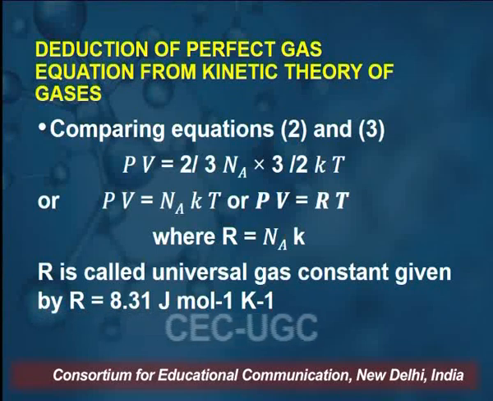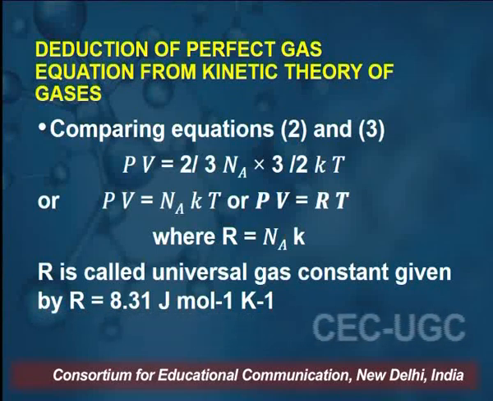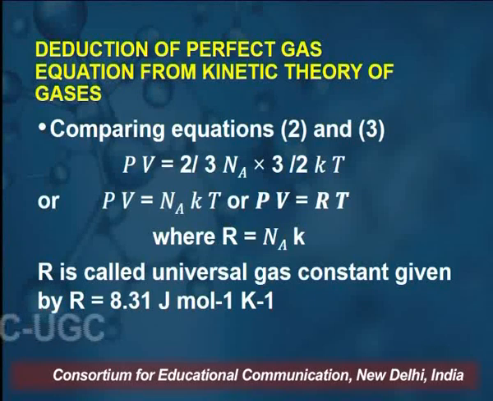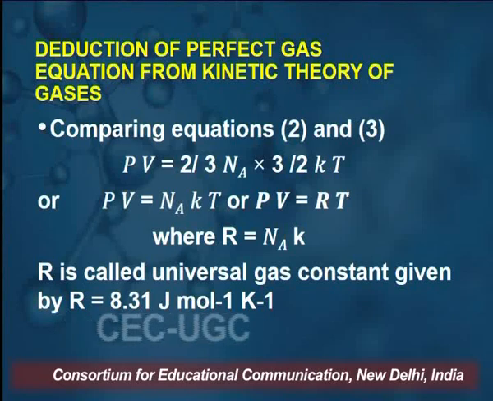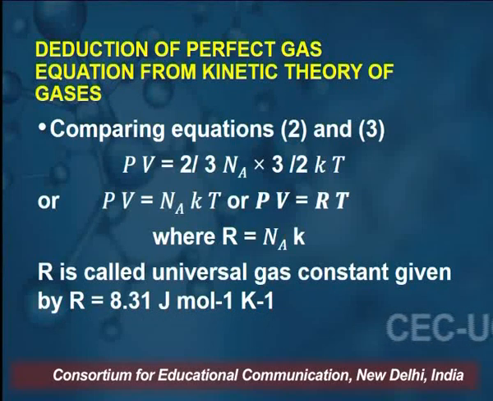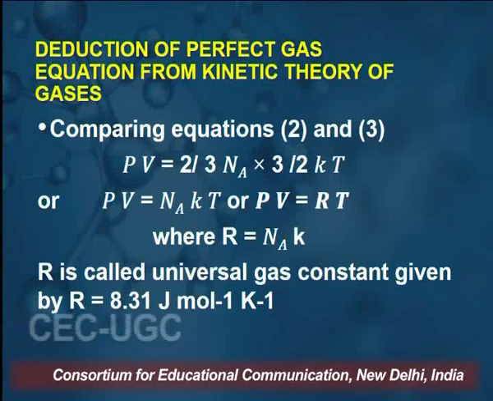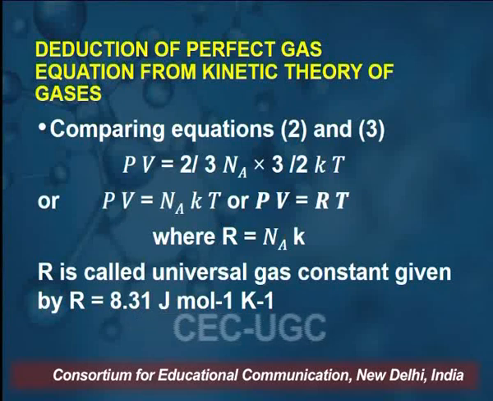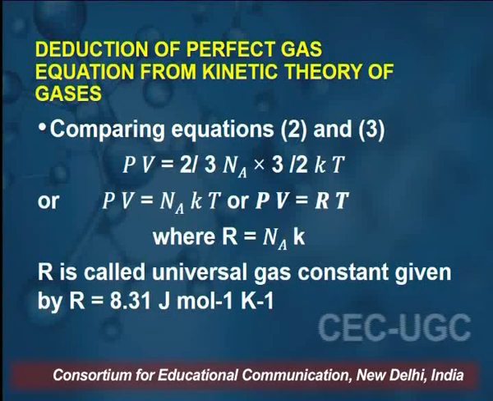R is called the universal gas constant given by 8.31 joules per mole per Kelvin. So what have we done here? We have deduced the perfect gas equation from the kinetic theory of gases. PV is equal to RT is the equation of state for an ideal gas.